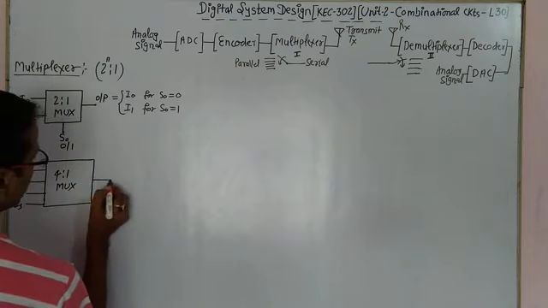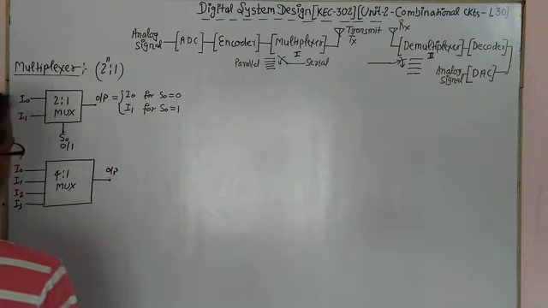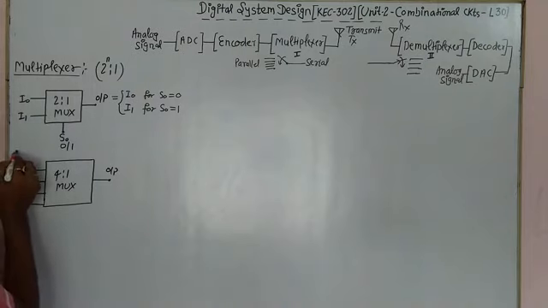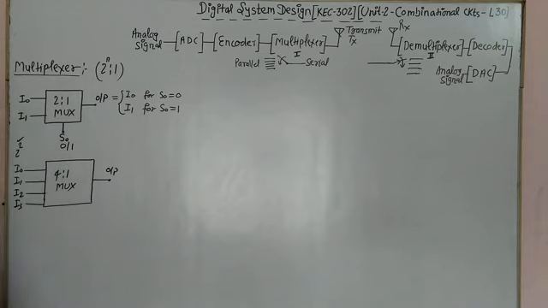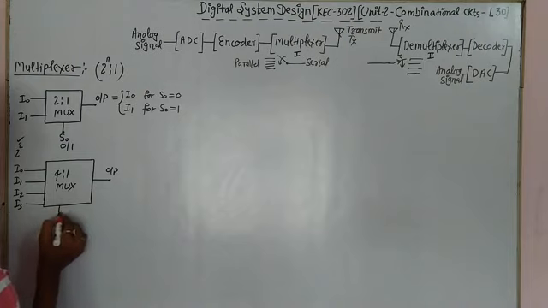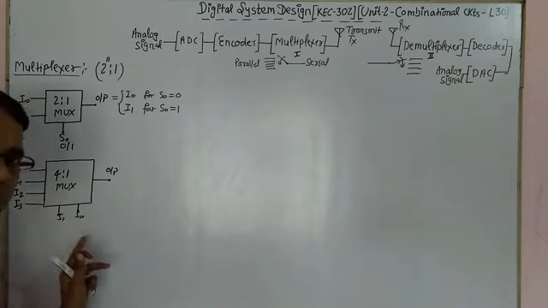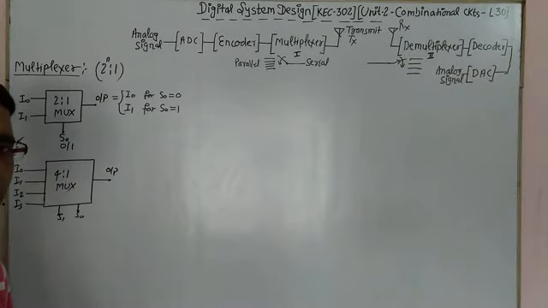We have a single output. In this case we will have two select lines, because the number of inputs is 2 raised to 2. So these two are the select lines, S0 and S1. Using these two select lines, we will choose 4 combinations.